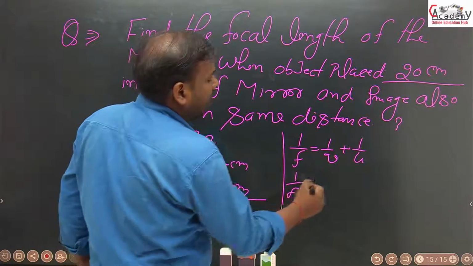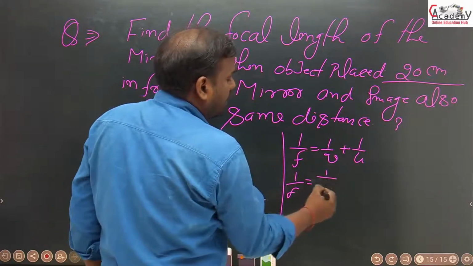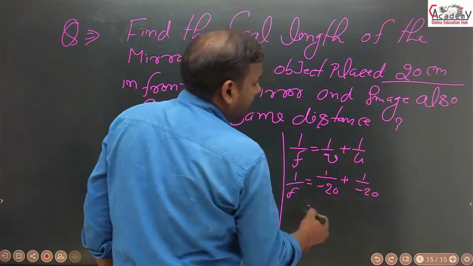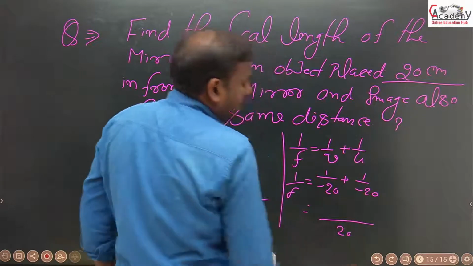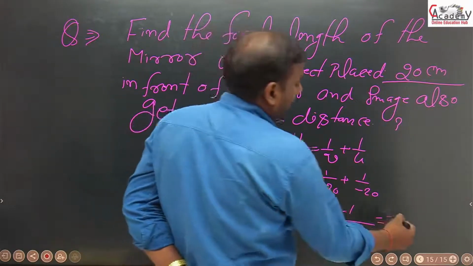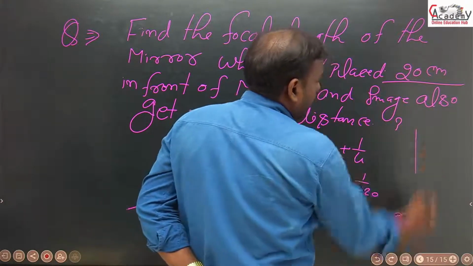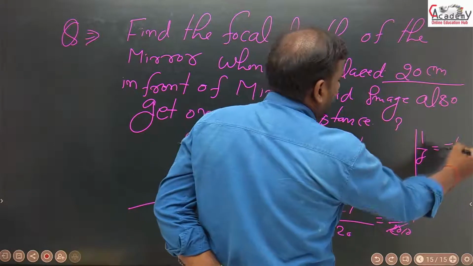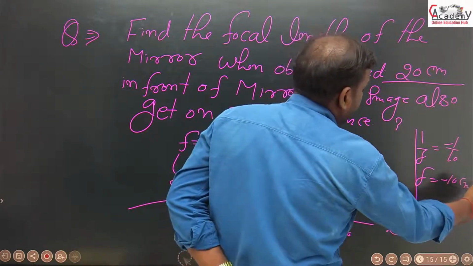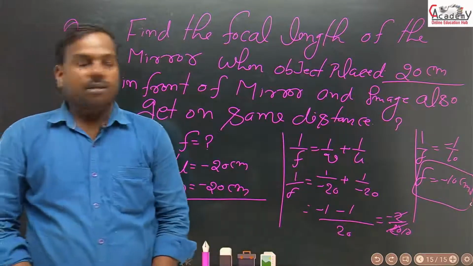So 1 upon f is equal to 1 upon minus 20 plus 1 upon minus 20. The LCM is 20, and we get minus 2 upon 20, so 1 upon f is equal to minus 1 upon 10. So f is equal to minus 10 centimeter.